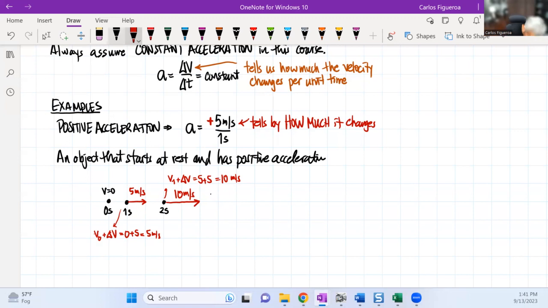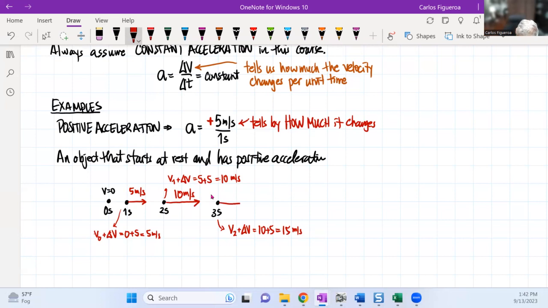And you can see here that if I look at 3 seconds, you probably already realize that my speed at 2 is then going to change by that same amount, which will be 10 plus 5. So I now get 15 meters per second.